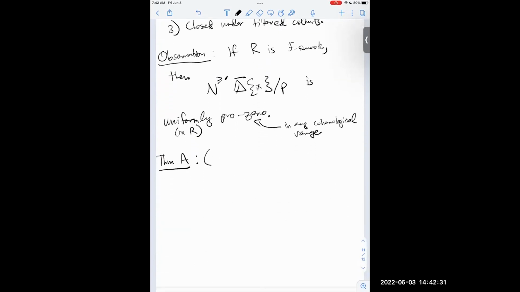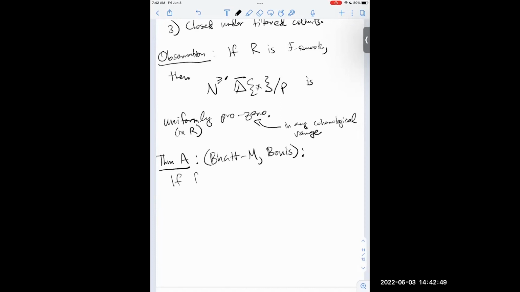Okay, so first is the relation with the syntomic complexes. This is proved in our article, and over a perfectoid base this was also proved by Bouis. The statement is the following.